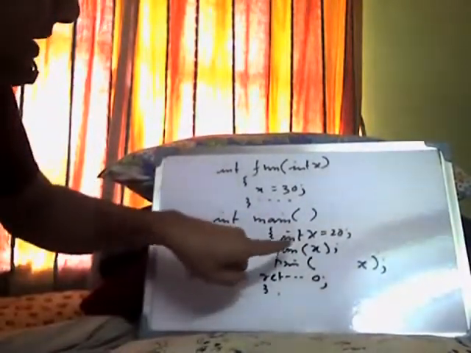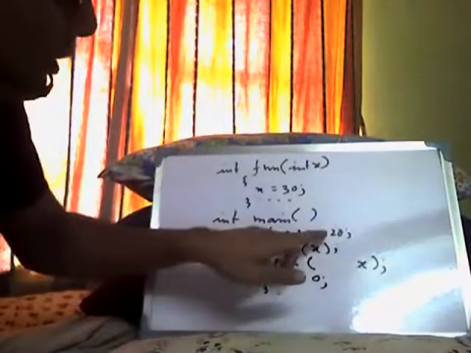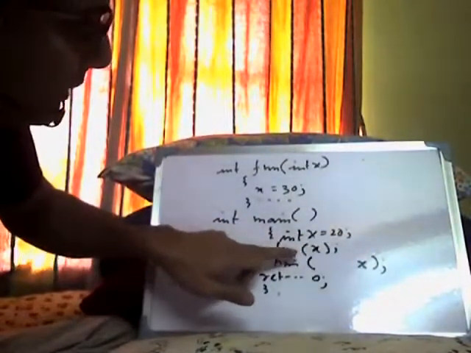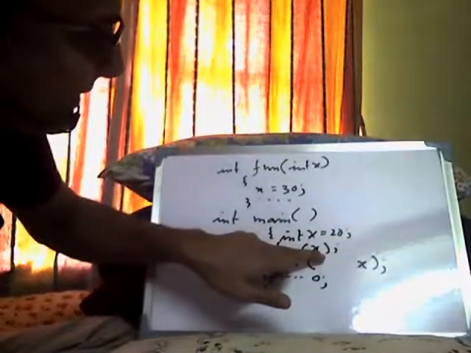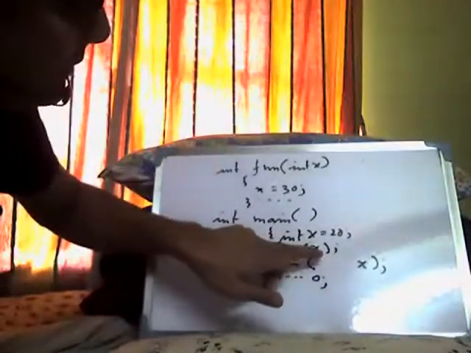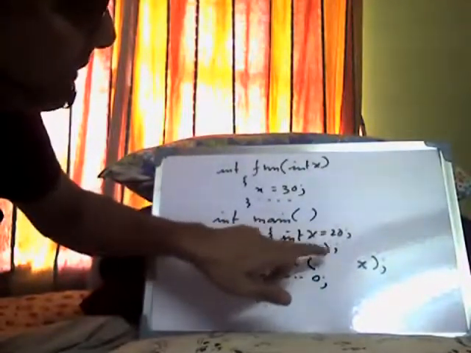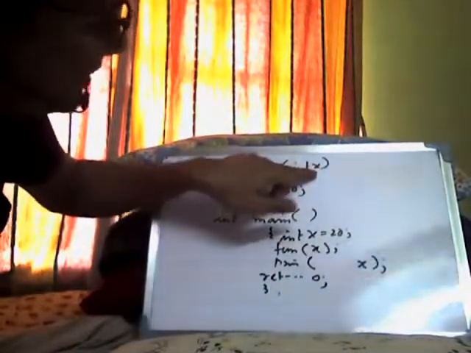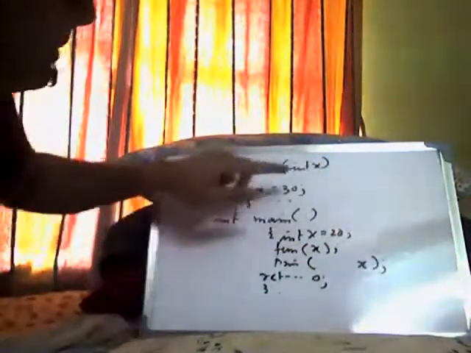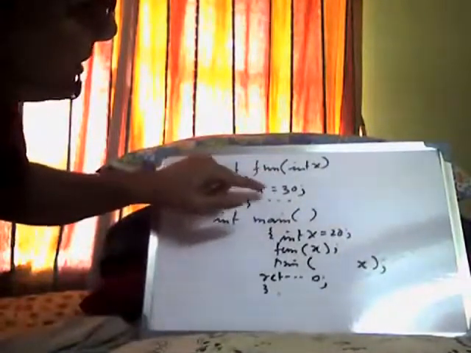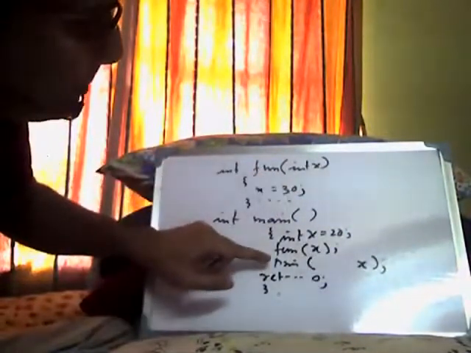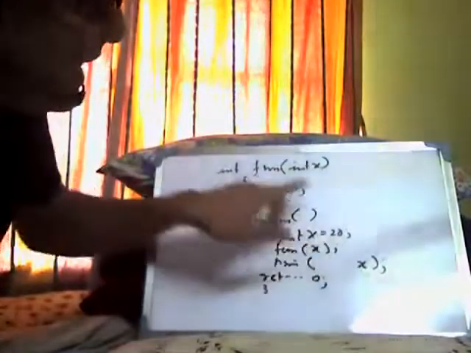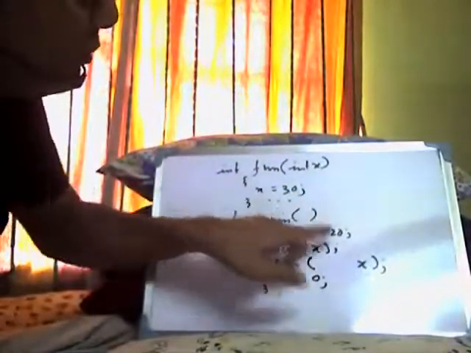You see, this is int x equal to 20, so the value of x is 20. When you are calling the function, this value 20 is the actual parameter. It will be passed to the formal parameter x. So now the value of x is 20, but within this function x is equal to 30. But when you are printing x again here, that value 30 will not be reflected here.